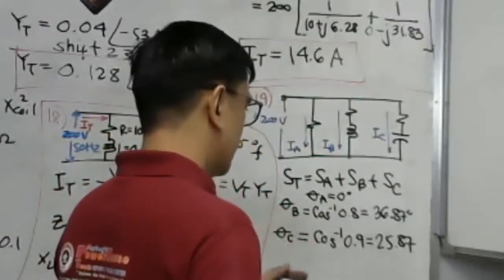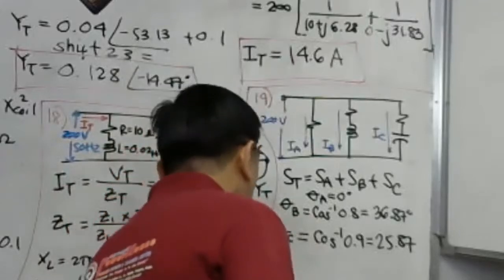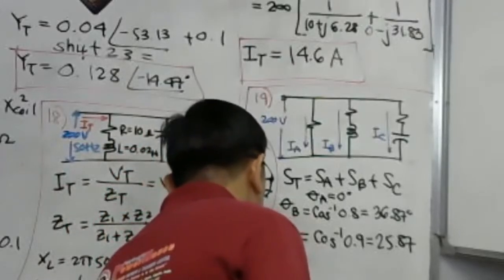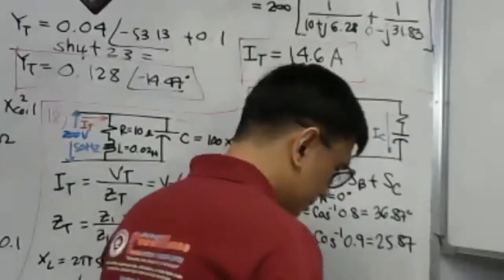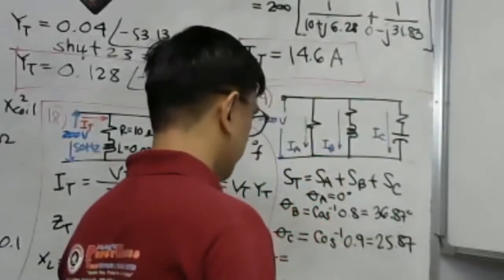So our S total is simply equal to SA plus SB plus SC.